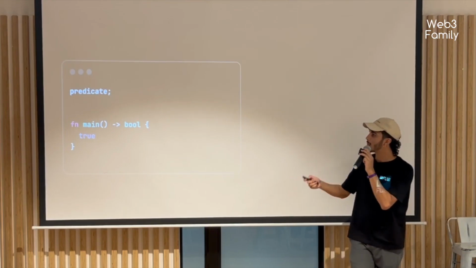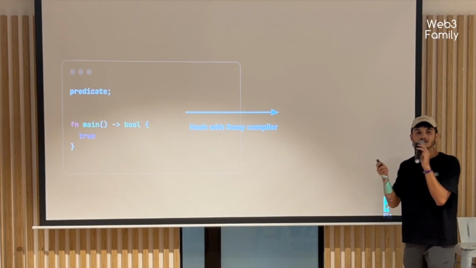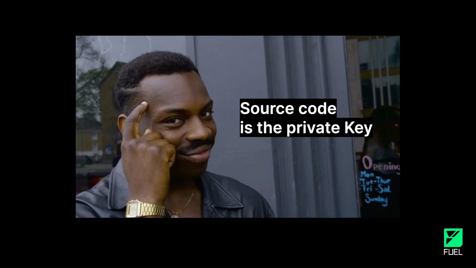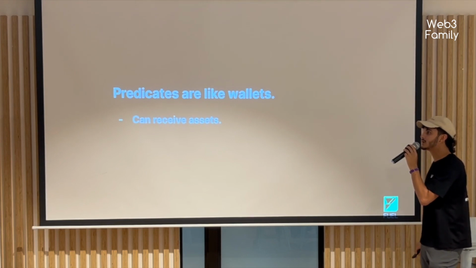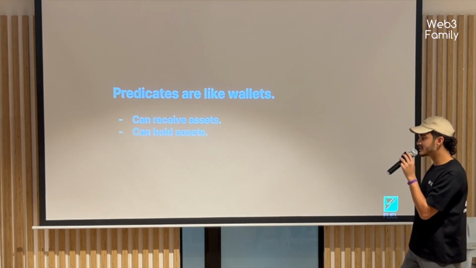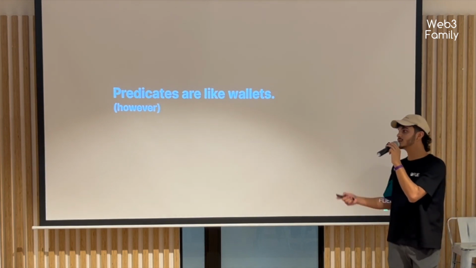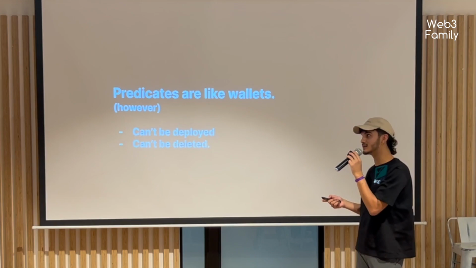This code is hashed with the Sway compiler, and you get a public address. So the source code is the private key. Predicates are like wallets. They can receive assets, they can hold assets, they can spend assets, but as wallets, they cannot be deployed and they cannot be deleted.